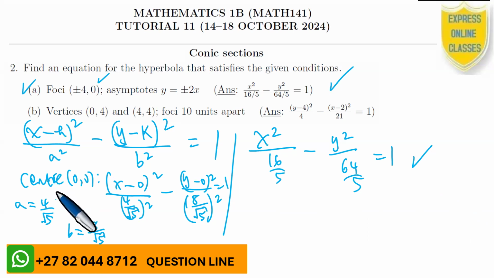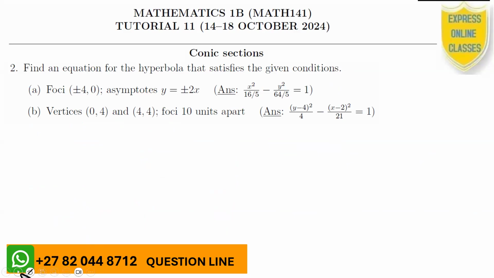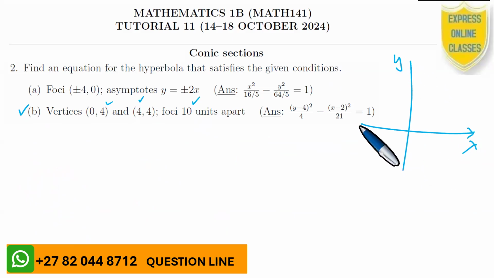Let's look at 2B. Okay, in 2B, you have been given the vertices. And the foci are those. Sometimes a sketch helps a little bit, because if you're just given the information, it's not very clear what's happening.